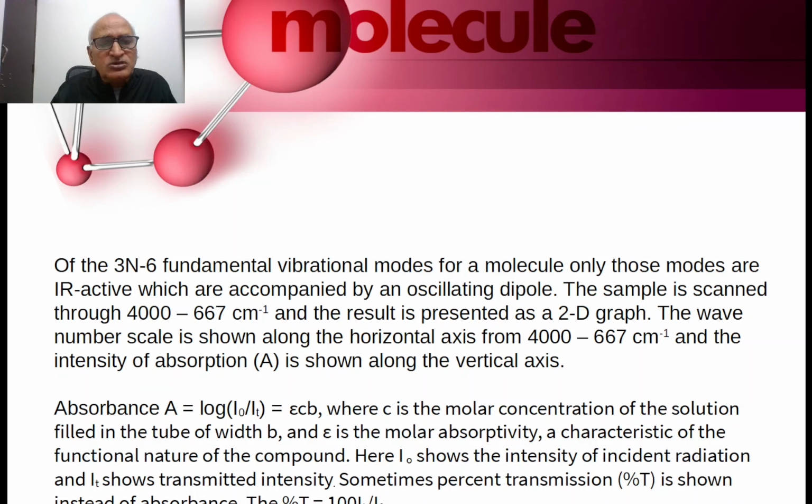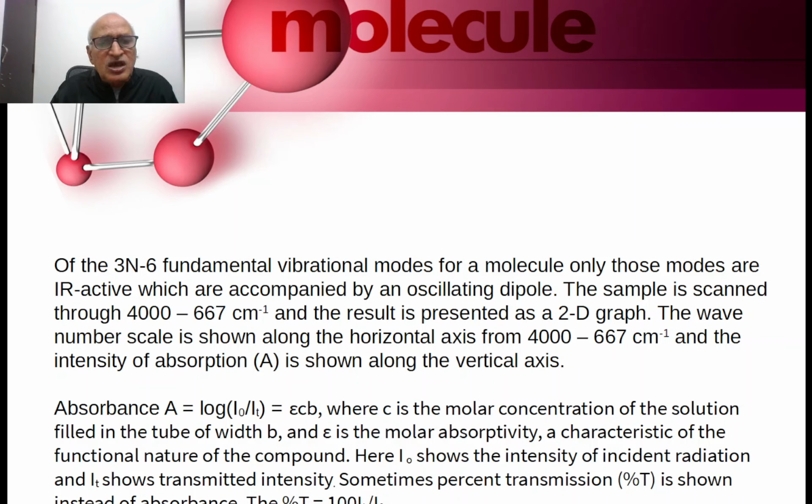What is this I0 and what is IT? The incident radiation which is used for recording the spectrum, the initial intensity, is called I0, and after traversing through the sample, the transmitted intensity is called IT.